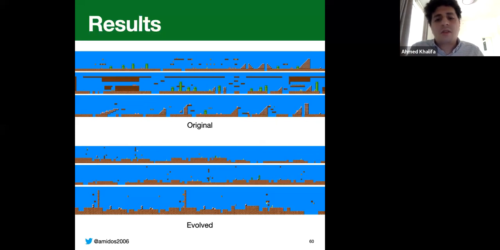We think this is due to multiple reasons. One of the main reasons is our A-star algorithm never cared about killing enemies or anything other than jumping. So jumping on top of a tube is the same as jumping on top of an enemy, or on top of a couple of brick blocks. That's why there are not a lot of tubes appearing, because it doesn't matter.